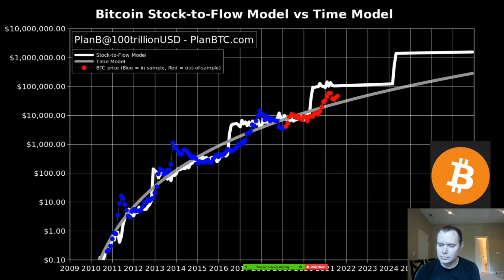And I would understand that, because if you look at the red dot right now, the price is above that gray time model line. So it is to be expected that it goes below that line again. Well, I think the question is when does it go below that line? Does it go below it now, or does it wait 2 years and then go below it?